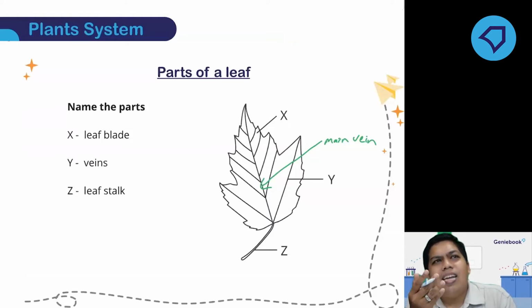But basically, the function of the leaf stalk is the same as the stem, which is to transfer food from the leaves to other parts of the plant, and transfer water from the roots to the leaf. The leaf blade is to hold the stomata, which I will mention in the next few slides. And the veins spread out the tubes accordingly.